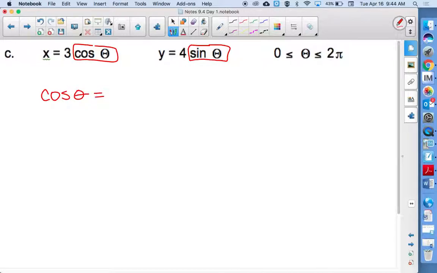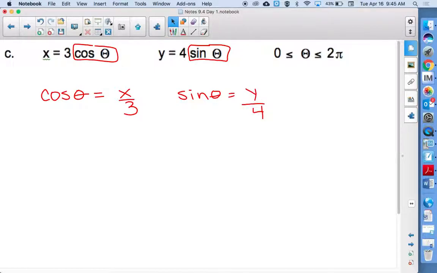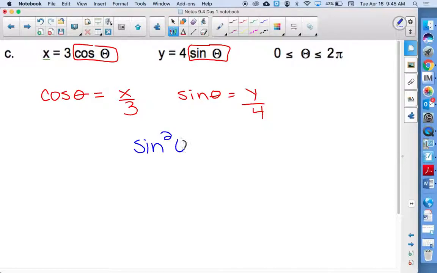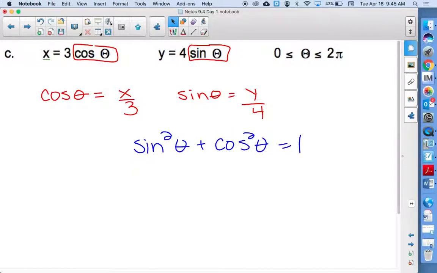Cosine theta is x divided by something. And if you got sine by itself, Ben, it would be? y divided by 4. We could use inverse functions to actually solve for the angle. But what equation do you know contains sine and cosine together in the same equation? Tangent, what else? Cotangent. Ooh, that one. You'll have to use that one for, I think, 2 of the problems. So make sure you jot that down to remind yourself.